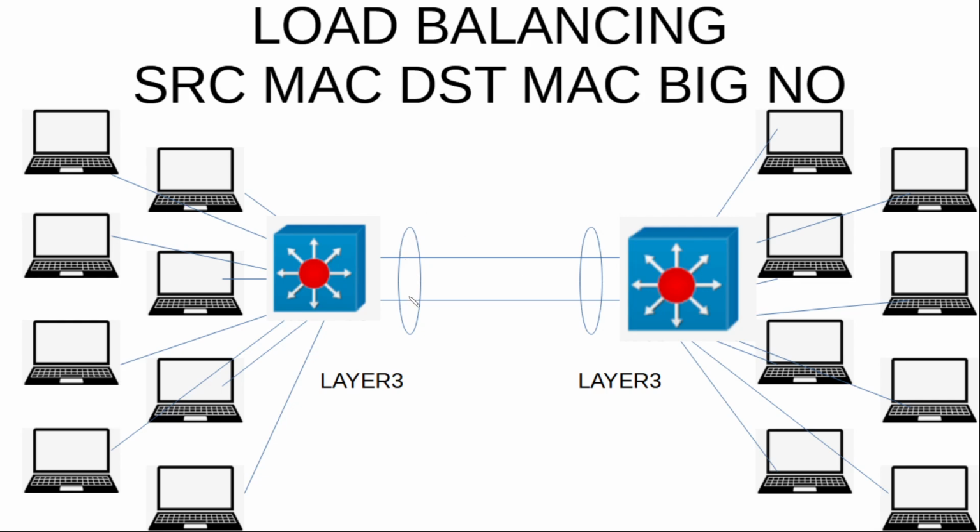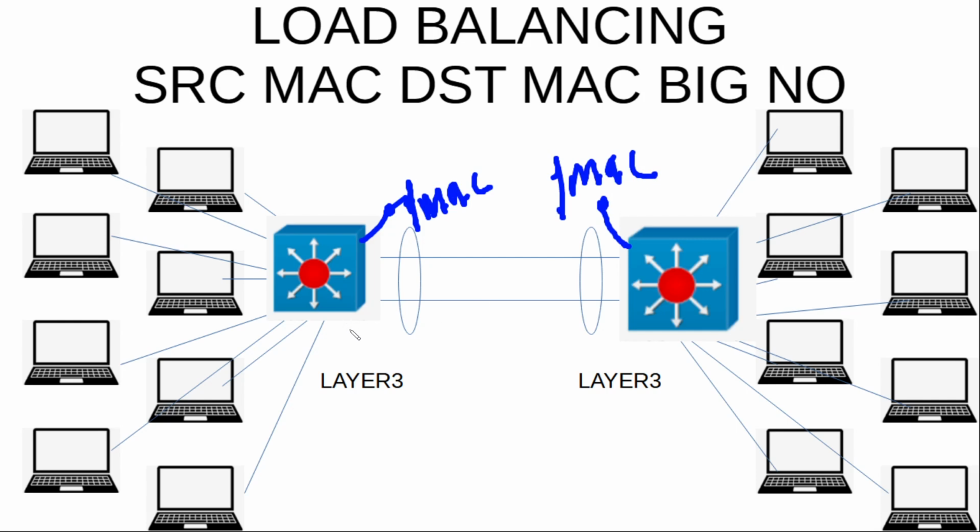But what happens if we have here a layer 3 EtherChannel on this side and a layer 3 EtherChannel on this side? This EtherChannel interface that we know as port channel only has one MAC, and this one has one MAC.